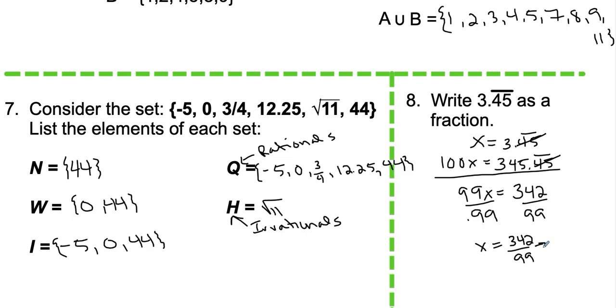So if we reduce this down, taking out a 3, we get 114 over 33, and we take out a 3 again, and we get 38 over 11, and that's as far as we can go.